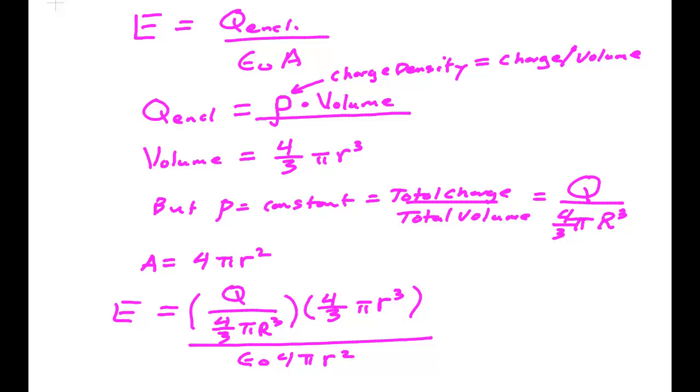Now, some things cancel here. The 4/3 pi cancels the 4/3 pi there. This r cubed cancels this r squared. So we get Q. We have an R cubed here on the bottom and a 4 pi epsilon naught. Well, the 4 pi epsilon naught, that's K. R cubed. And then I have an r.